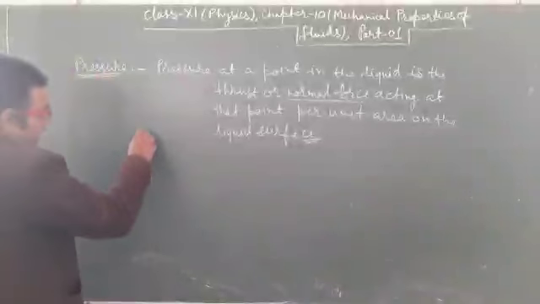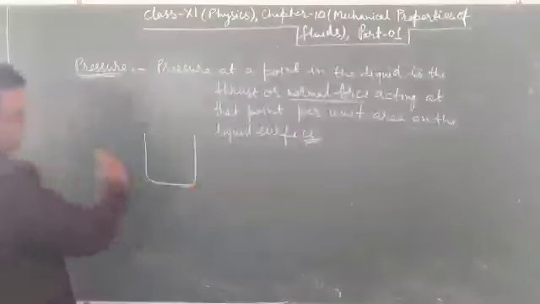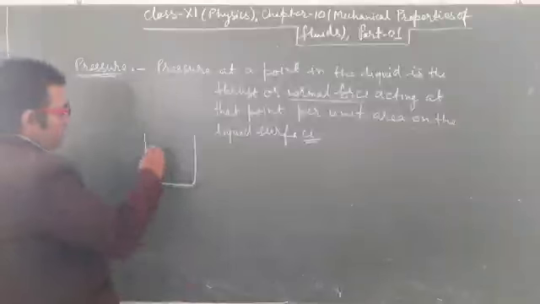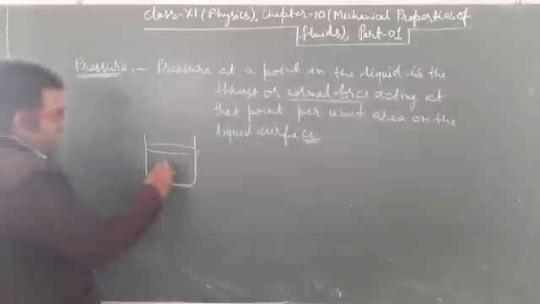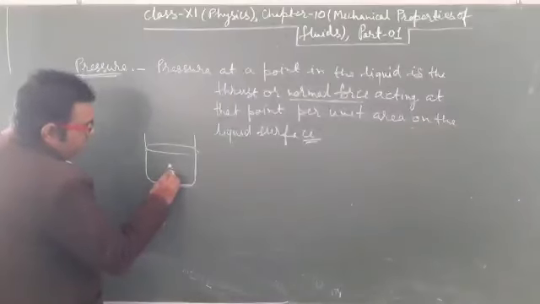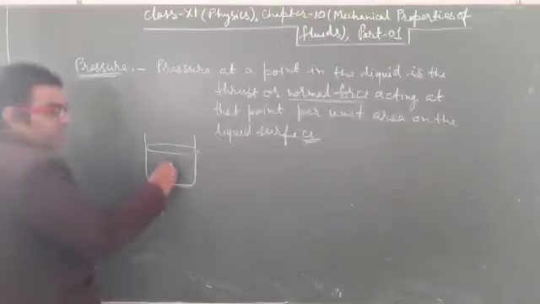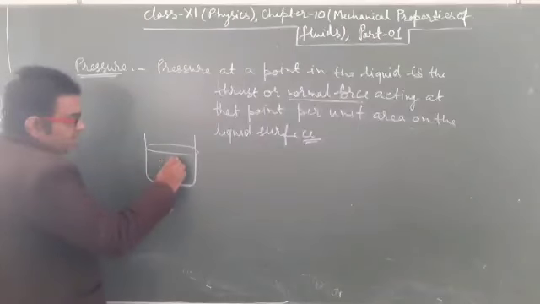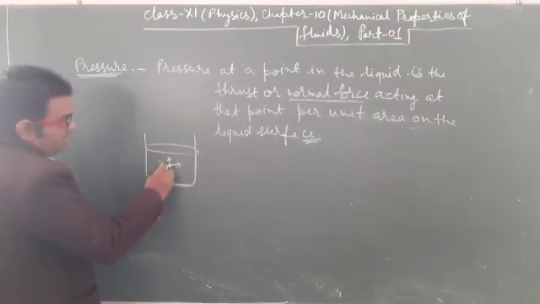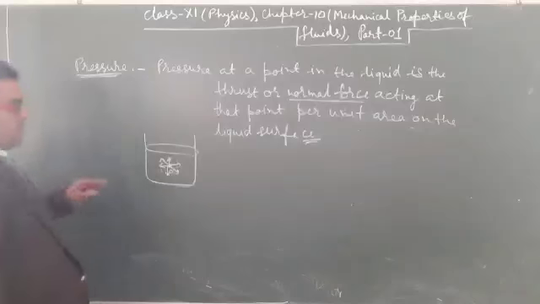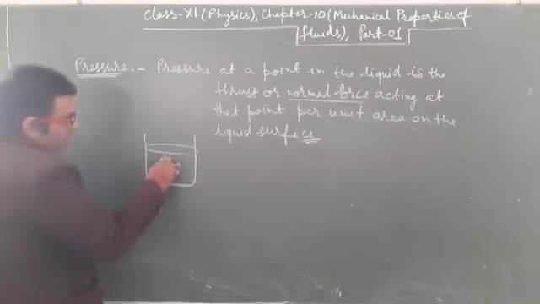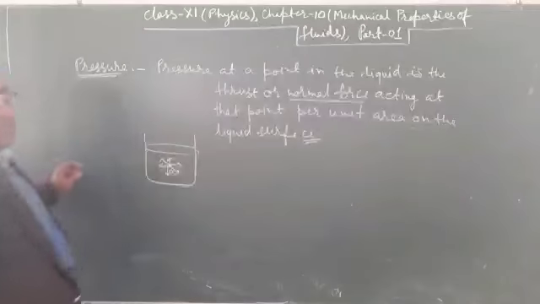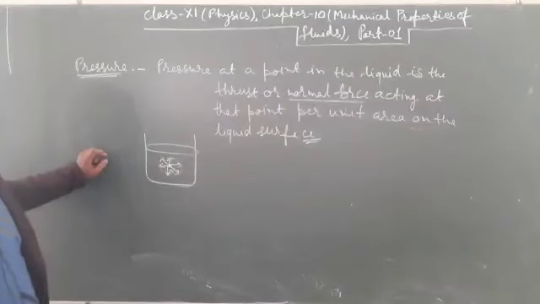Suppose I am taking an example. Suppose there is a liquid placed at rest in a container, and suppose this is point P. The liquid at this point P exerts force in all directions, and this is the surface area for which the liquid is applying the force.